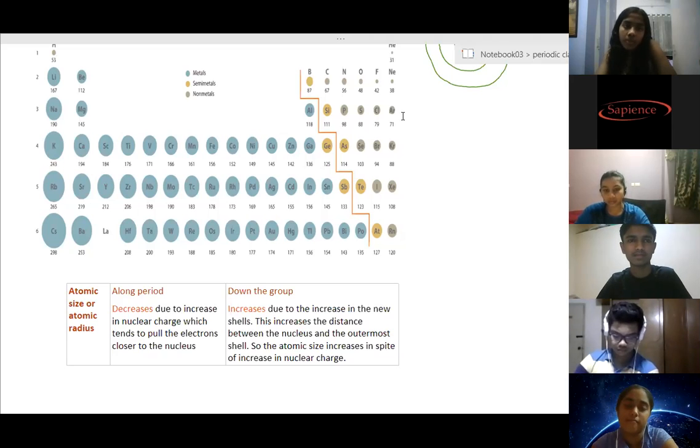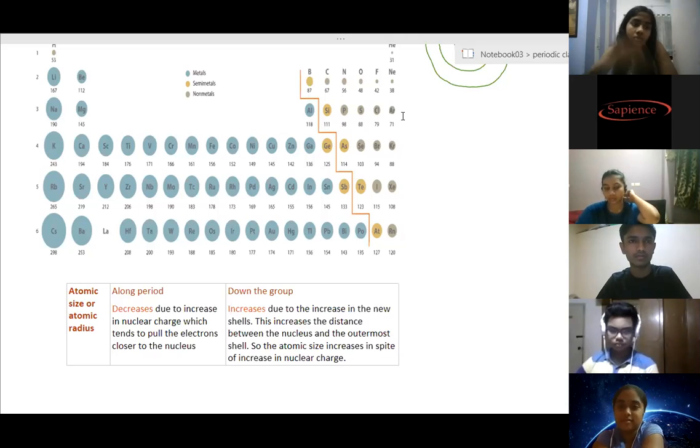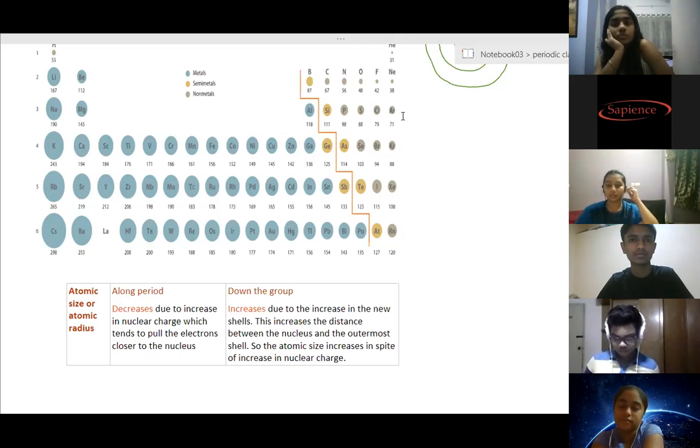Yes, you have to write that value. Valency increases from 1 to 4 and then decreases from 4 to 0. So valency first increases from 1 to 4 and then decreases to 0.